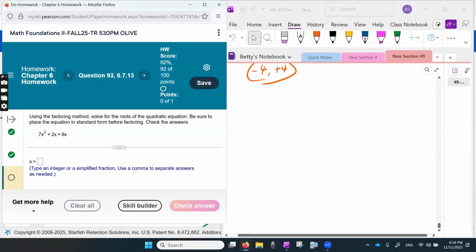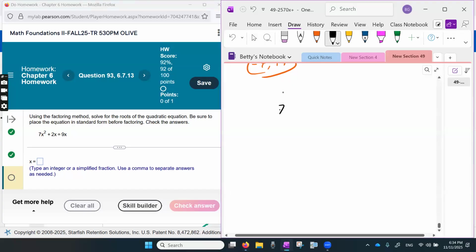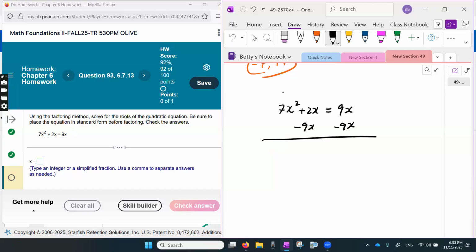Okay, this one, we're going to have to keep the right side be 0. 7x squared plus 2x equals 9x. Minus 9x from each side to keep the right side be 0. Right side is 0. Left side is 7x squared minus 7x. And the binomial on the left side has GCF of 7x. Factor it out. We have 7x times x minus 1.